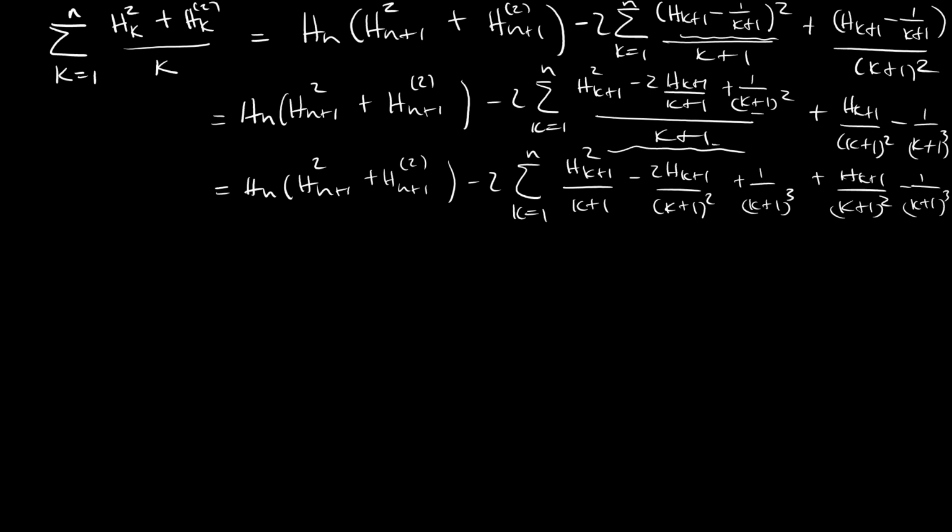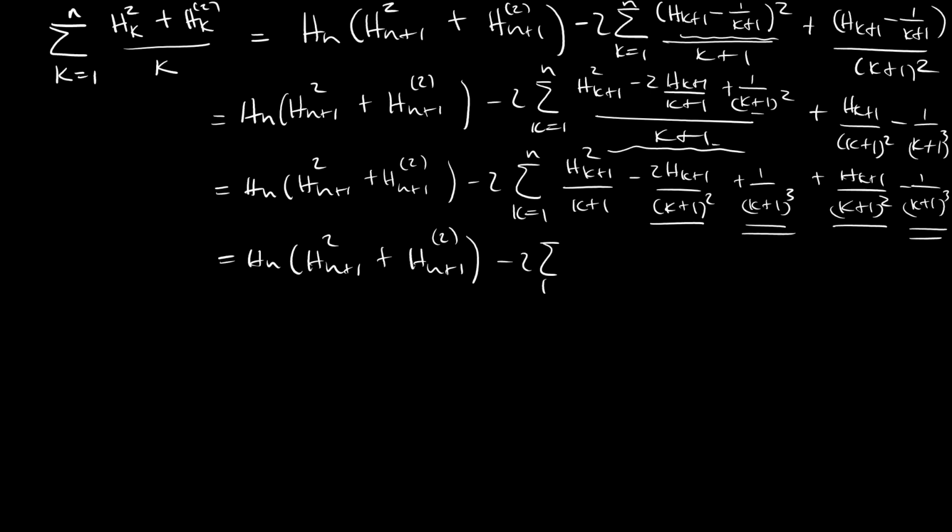So we see that this interacts with this and this interacts with that. So we come to group them. We have harmonic k plus 1 squared over k plus 1, and then we have harmonic k plus 1, this and this, over k plus 1 squared, and this would cancel.